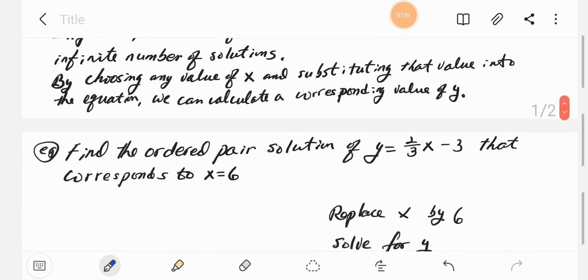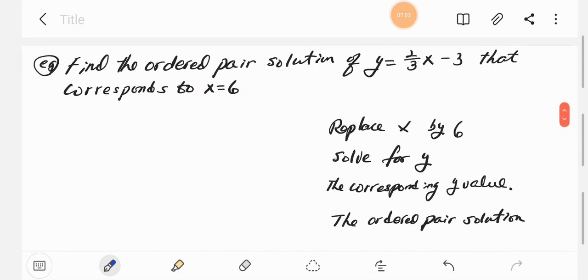Let's check an example. Find the ordered pair (x, y) that is a solution of the equation. Here's an equation that corresponds to x equals 6. That means if the x value is 6, then substitute 6 for x and then simplify the equation, which means solve for y.